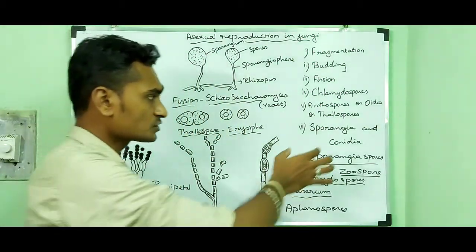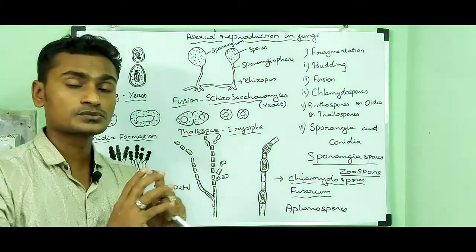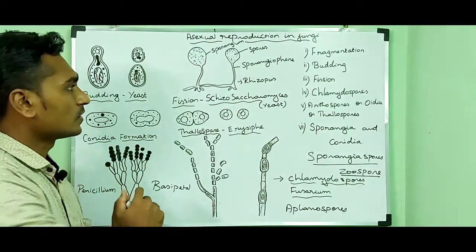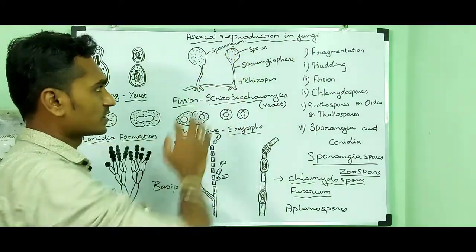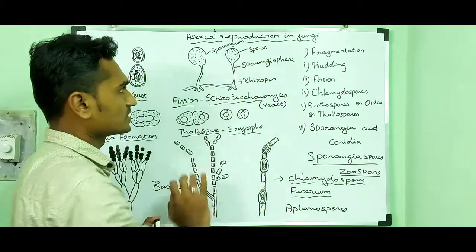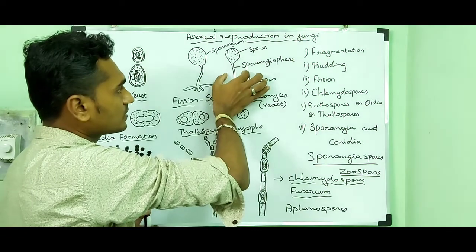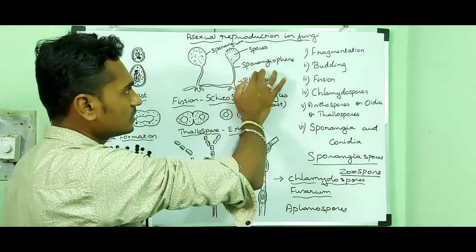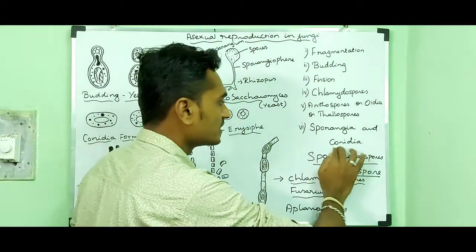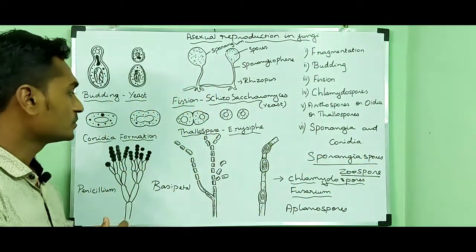So sporangia means the spores are produced inside the sac-like structure called the sporangium, and you can find the spores inside the sporangium. A stalk which bears the sporangium is called a sporangiophore. While gonidia are produced externally.